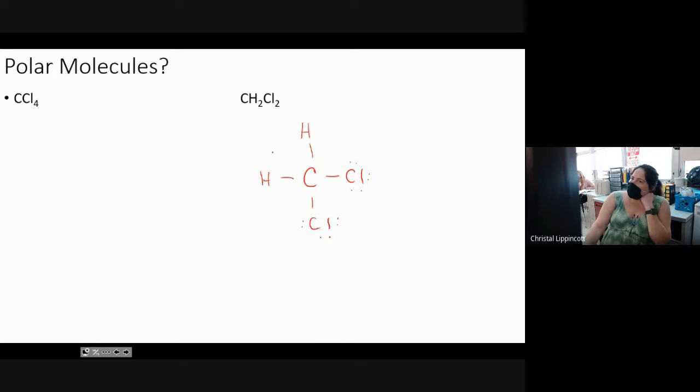So if we were drawing this molecule, it would look something like that. Can you do the symbols for charge? Yeah. So this side would be negative, and this side would be positive.